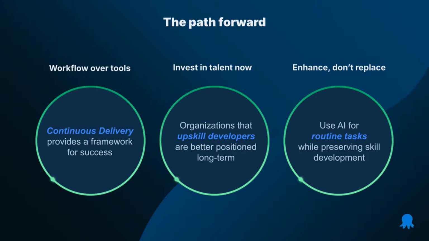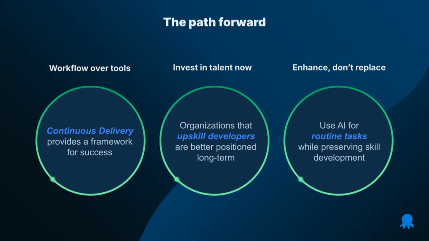The second is to invest in talent now. I think that based on history, organizations that are upskilling developers where they can are better positioned in the long term, because they're going to be training those developers. They're going to be nurturing them into senior roles, and seniors are obviously super important. And that's why juniors are as well.